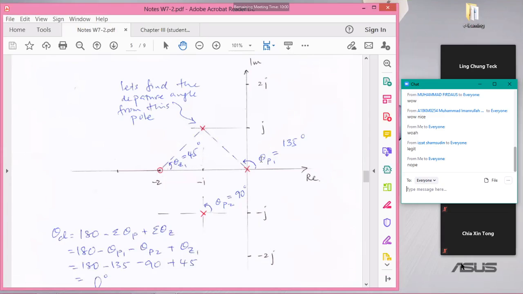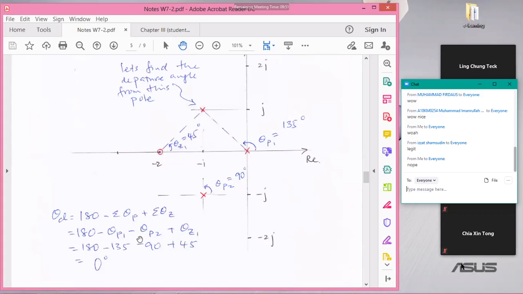So this is our theta P1, 135, theta P2, 90, theta Z1 is 45. Substitute that in the expression for the departure angle, and the departure angle happens to be 0 degrees. 0 degrees meaning that our locus will leave the complex pole exactly to the right.